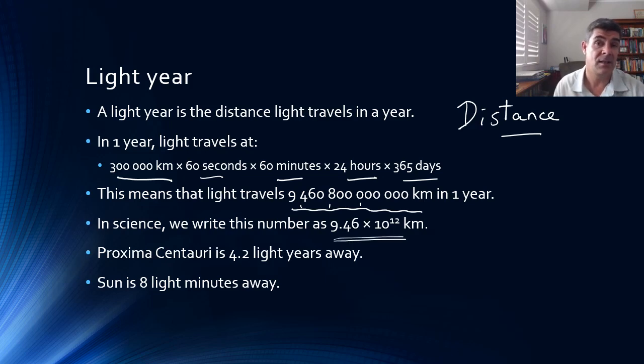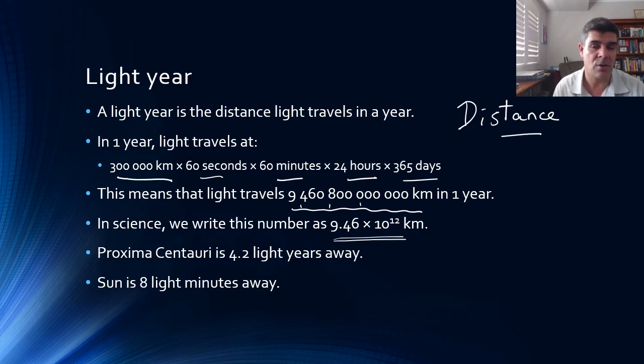That's a big distance. But Proxima Centauri, taking out the Sun, is the next closest star to us, and it's 4.2 lots of that away. So the distances in the universe are oftentimes a little hard to comprehend. They're so massive, and so some of our units have actually changed to try and help us cope with these massively large numbers.